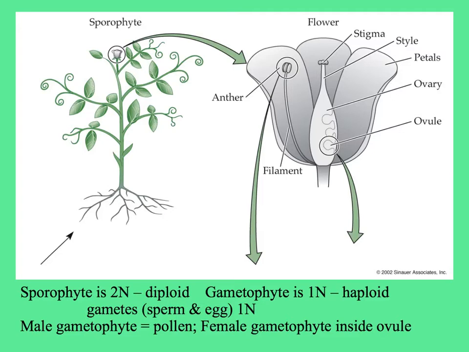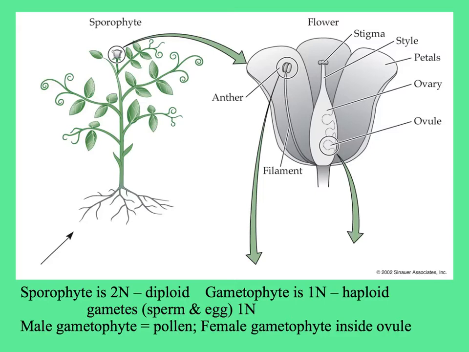The body of almost all plants, except for mosses and other bryophytes, is the sporophyte of the plant, the spore-bearing part, diploid. The gametophytes in angiosperms are the most reduced of any plants and are inside the ovule and inside the pollen grains of plants.